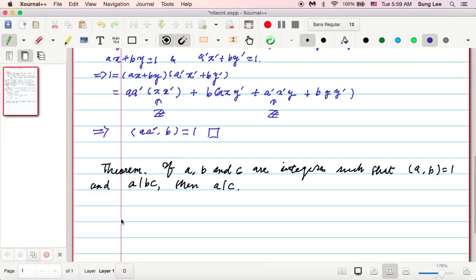Let's go. Proof. Here A and B are relatively prime, so that implies, now I mentioned this logical symbol, there exists. That way I can make my proof less wordy.